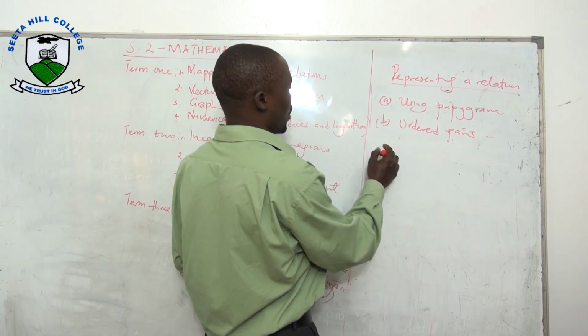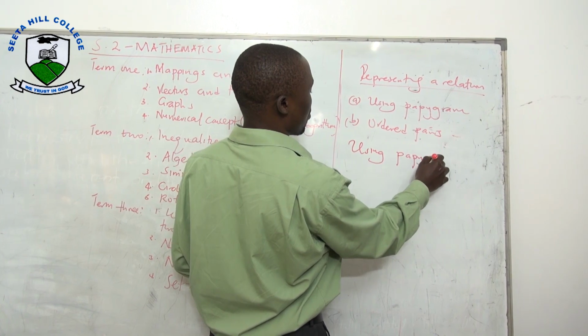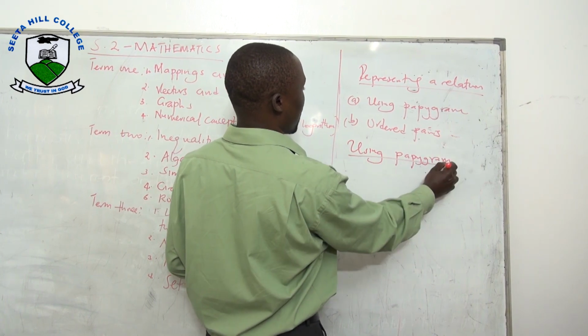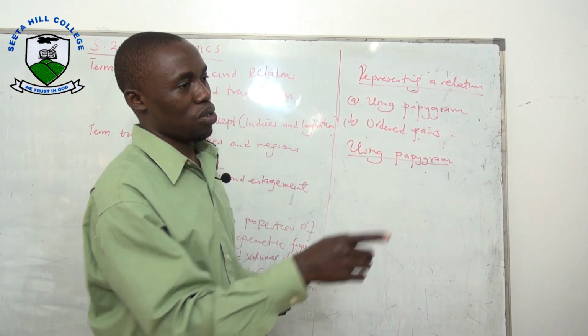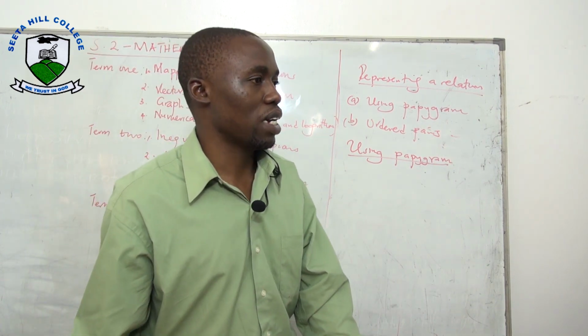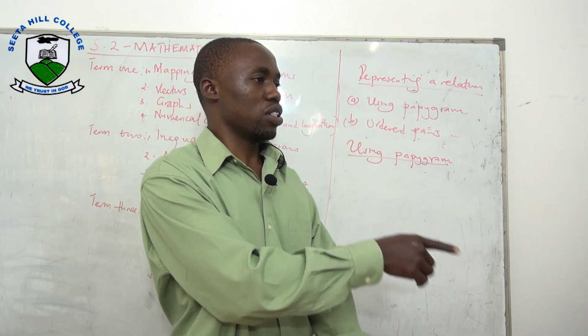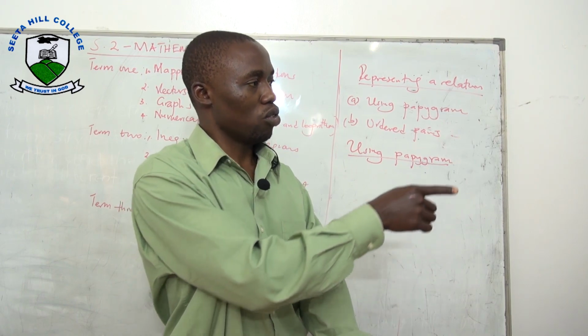Maybe before we discuss a papagram, I want to connect all of you using the relation height, is taller than. Which arrow do you draw now? Is taller than?